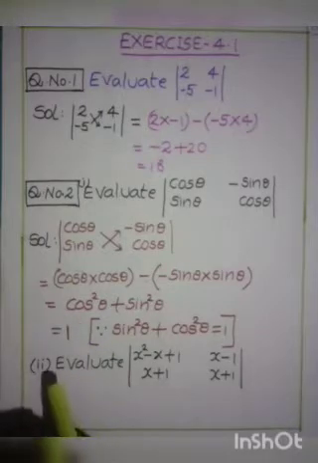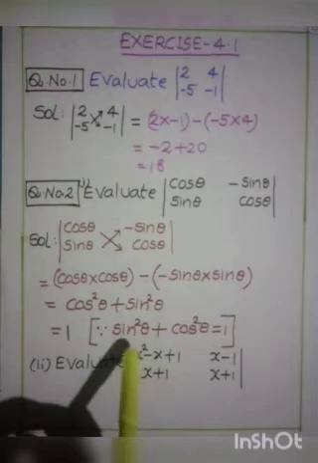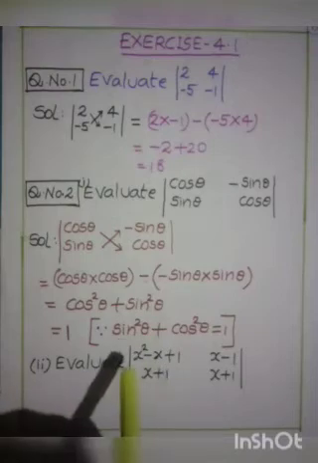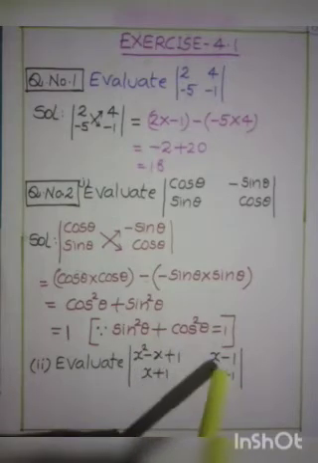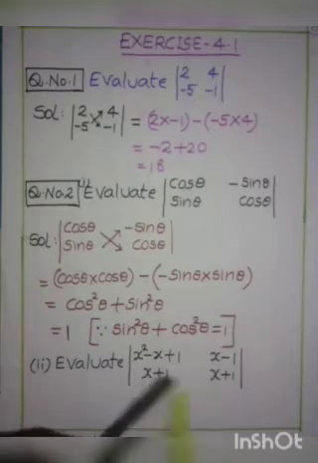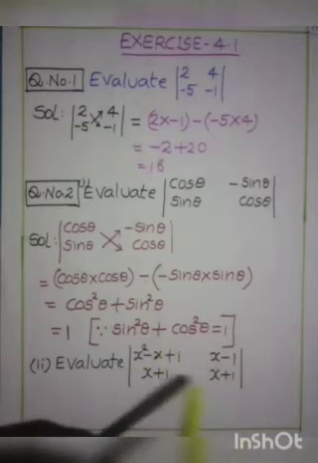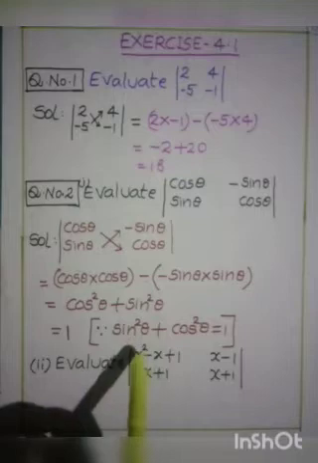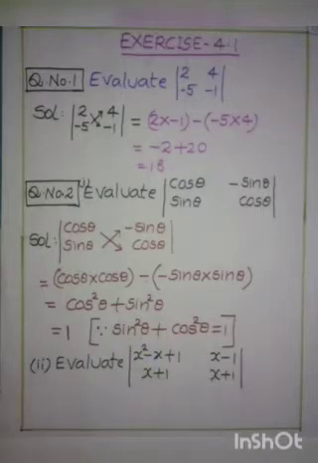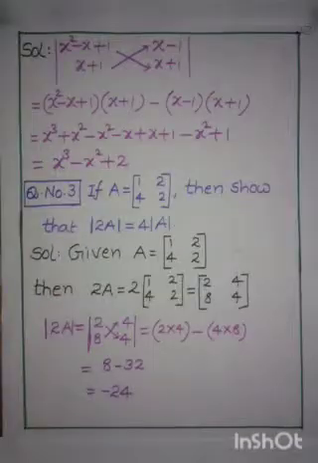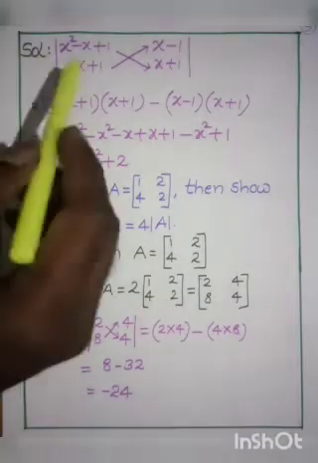Now come to the next question. Evaluate the determinant x square minus x plus 1, x minus 1, x plus 1, x plus 1. Here also we have to find the determinant of this square matrix of order 2. Understood, my dear children? Right. Now come to the solution.